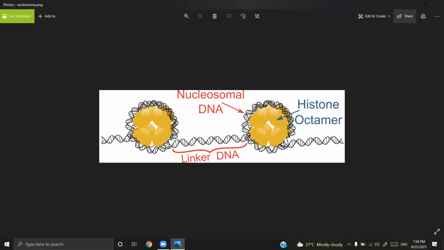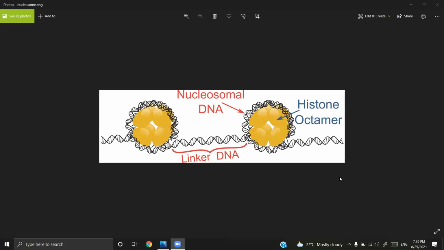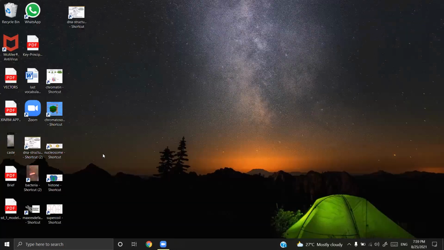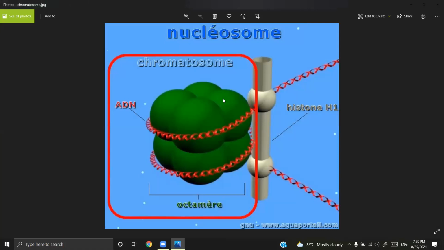Next is the chromatosome, where you have the octamer proteins with the linker DNA and the core DNA.